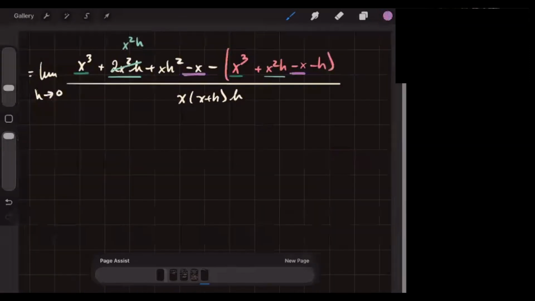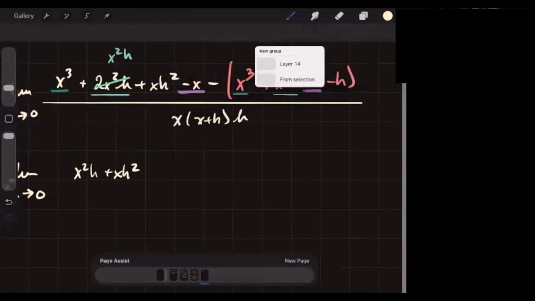So they're the same. And that's going to leave us with the limit as h approaches 0 of x squared h plus xh squared, and this h is plus h here. Don't forget that. Okay.